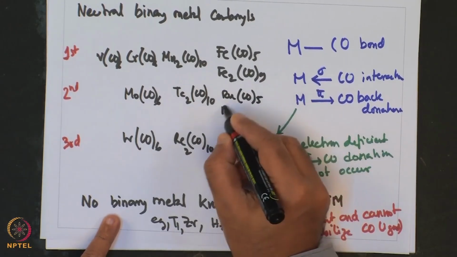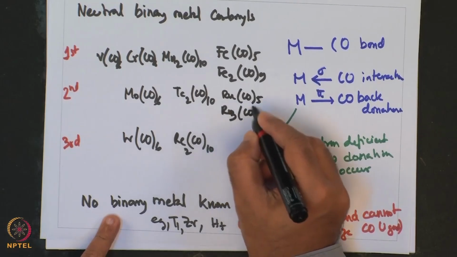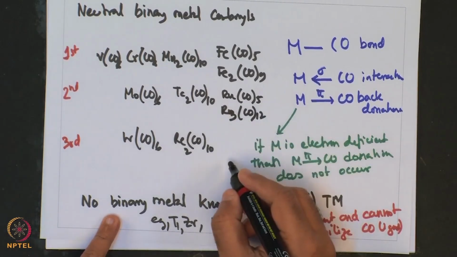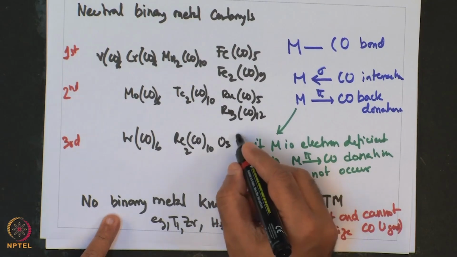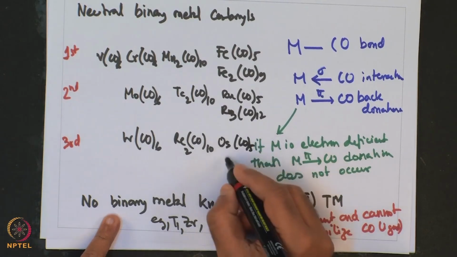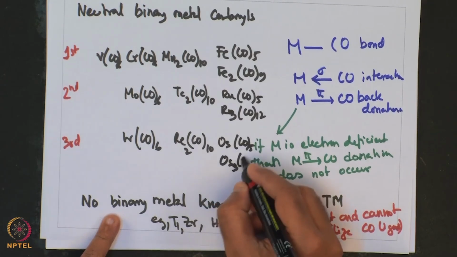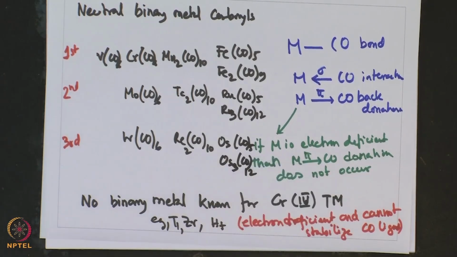Similarly, for ruthenium, Ru(CO)5 or Ru3(CO)12 is known, and similarly for osmium, Os(CO)5 or Os3(CO)12 are all known.